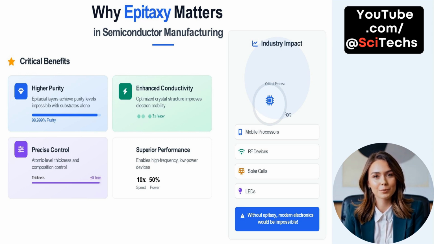This leads to superior performance, enabling semiconductors to run at higher speeds with lower power consumption, up to 10 times faster and with 50% less power. These benefits make epitaxy a critical process for key technologies like mobile processors, RF devices, solar cells, and LEDs. Simply put, without epitaxy, modern electronics would not exist.